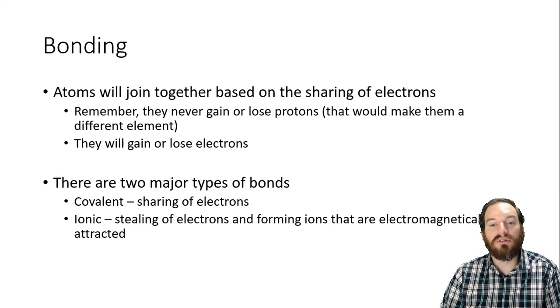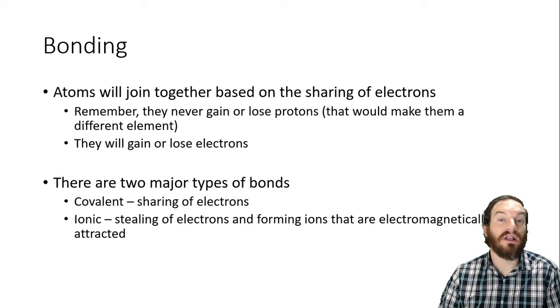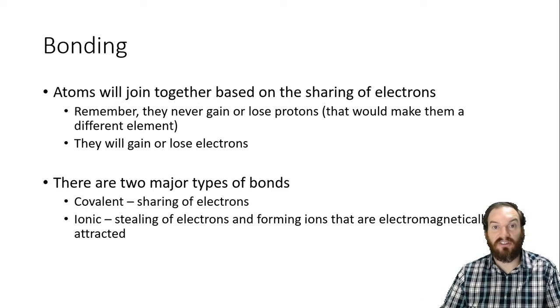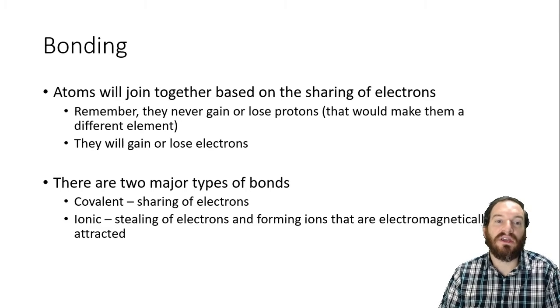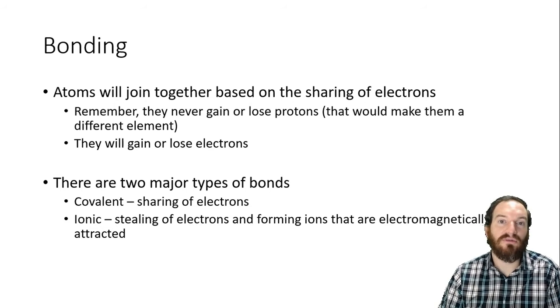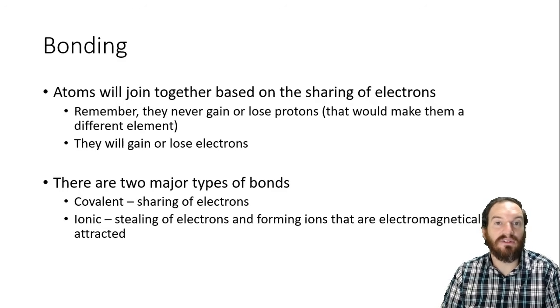Ionic bonds are really going to be more of the stealing of electrons. So one atom is going to be more what we call electronegative and actually is able to steal it. When I was in college, my chemistry professor referred to him as the Hulk Hogan of atoms. So whoever's more Hulk Hogan-y can steal, can beat out the other atom and take those electrons.